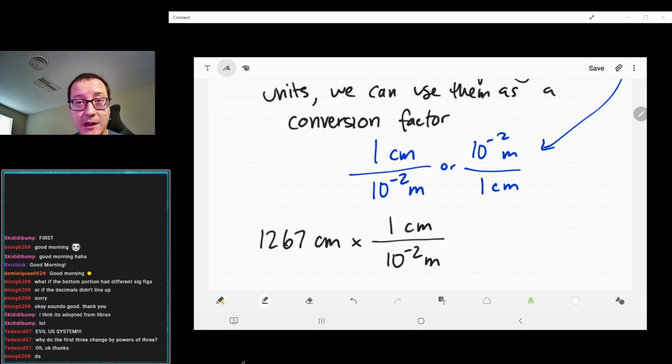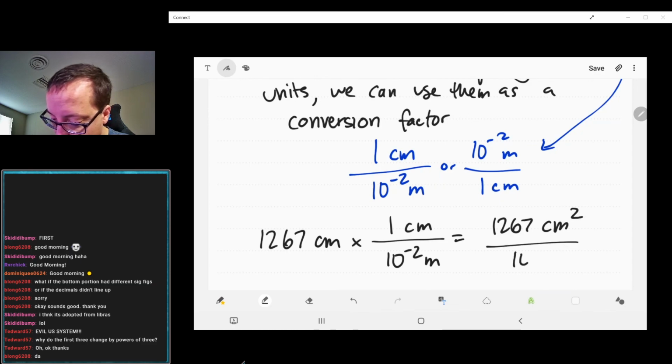Because these are equal again, we're allowed to multiply them. If we do that, we get some bizarre unit combination that doesn't quite make sense. So maybe that wasn't the best idea.